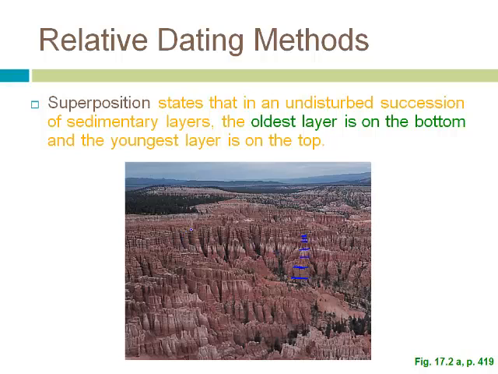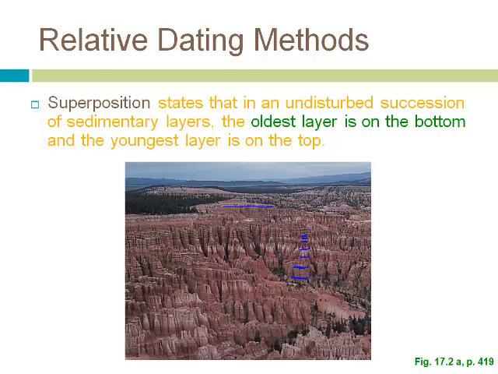And we know that once this was laid down, this is horizontal now, but we know that uplift and the movement of the continents can change the pitch of these layers. But in this case, we have superposition, and then we have original horizontality, that these were all laid down in flat layers, obviously.